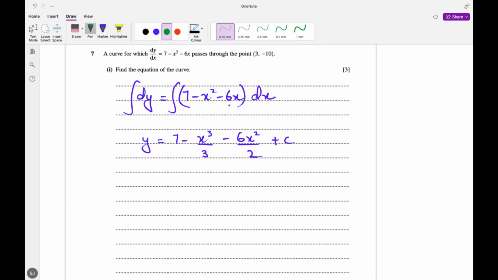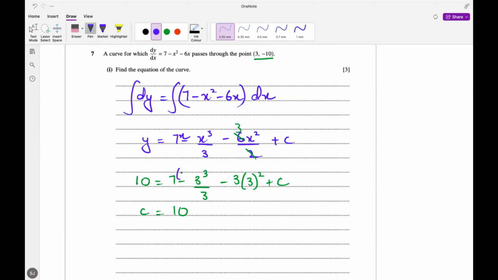Now to find the value of c, we substitute the coordinates 3 comma minus 10 as the curve passes through these points. So in place of y, we have minus 10, and in place of x, we'll have 3. So this will become 3 cube upon 3 minus, we can write this as 3x squared. So this will be 3 times 3 squared plus c. So c will be is equals to minus 10, and the integration of 7 over here should have been 7x.